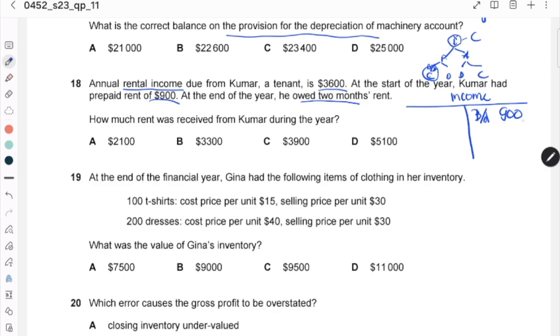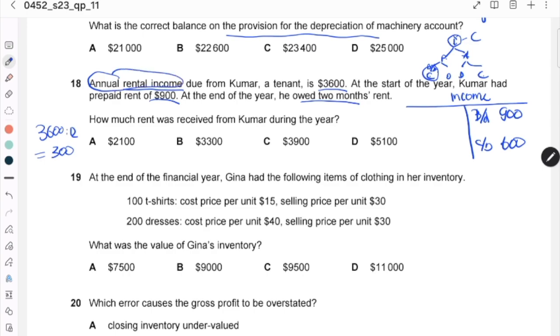At the year end, he owed 2 months' rent. If annual rental is 3,600, he also has an accrued balance CD. So put it here, balance CD. 2 months' rent means 3,600 divided by 12, so 300 a month, so 2 months' rent is 600.